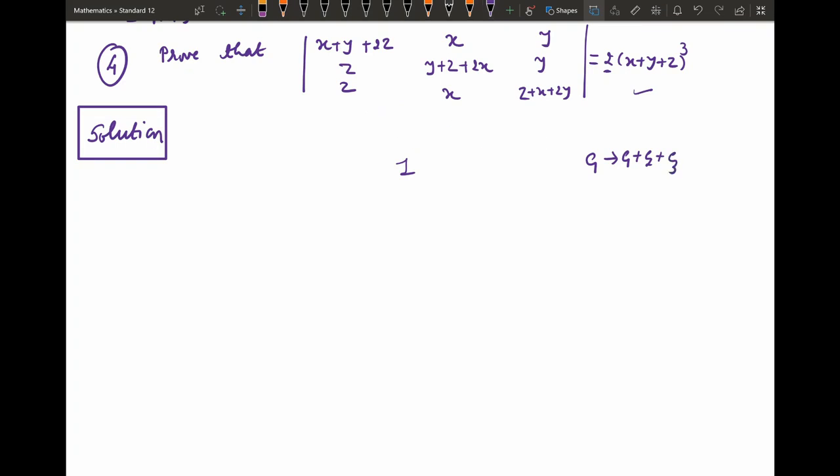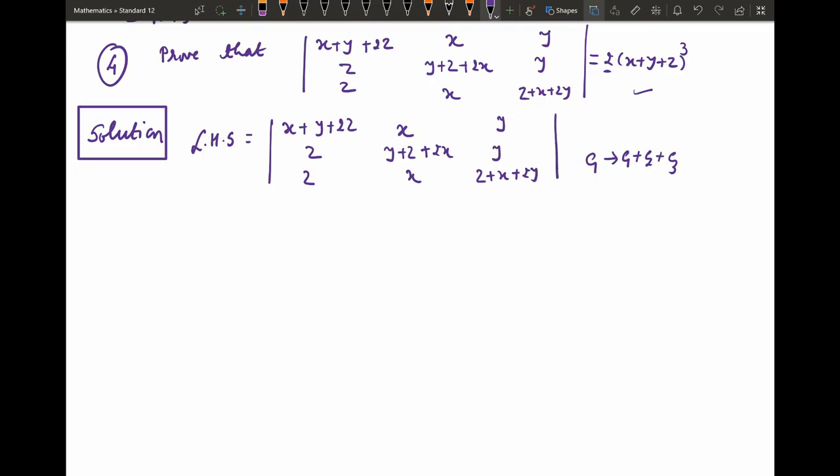So when we perform this, LHS: x plus y plus 2z, z, z; x, y plus z plus 2x, x; y, y, z plus x plus 2y. Now second and third column multiplied by 1, added to the corresponding entries of first column.